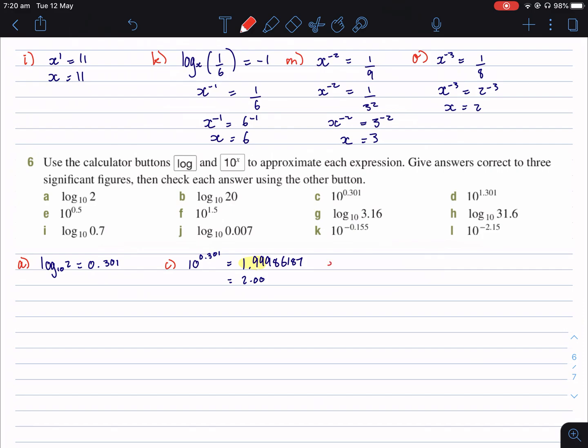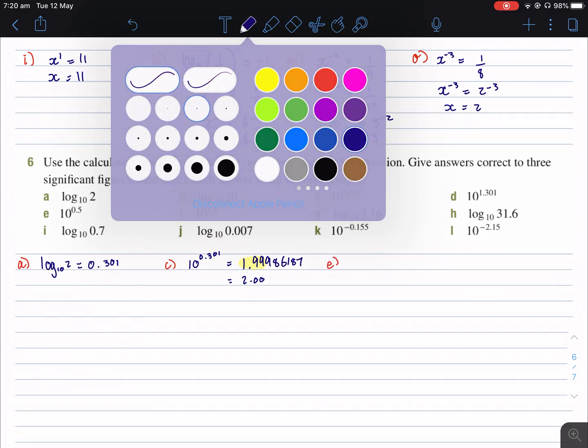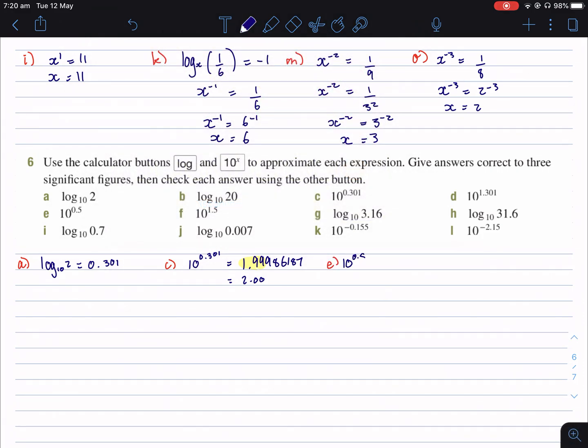Okay, E, 10 to the 0.5. Doesn't matter which way you do it in your calculator. 3.16. FG, log base 10 of 3.16.